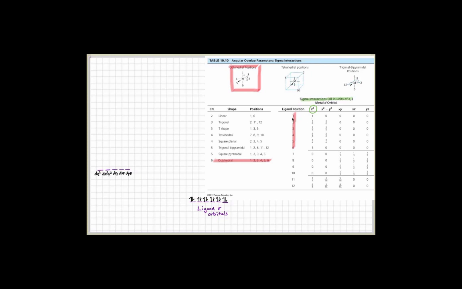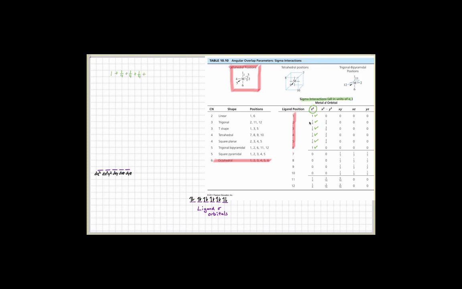So obviously ligand position 1 has a greater degree of overlap with the dz squared than ligand position 2. And we saw this type of effect when we looked at crystal field theory also. Okay, so ligand position 1 contributes 1 E sigma. Ligand positions 2 through 5, 1/4 E sigma, and then ligand position 6, another 1.